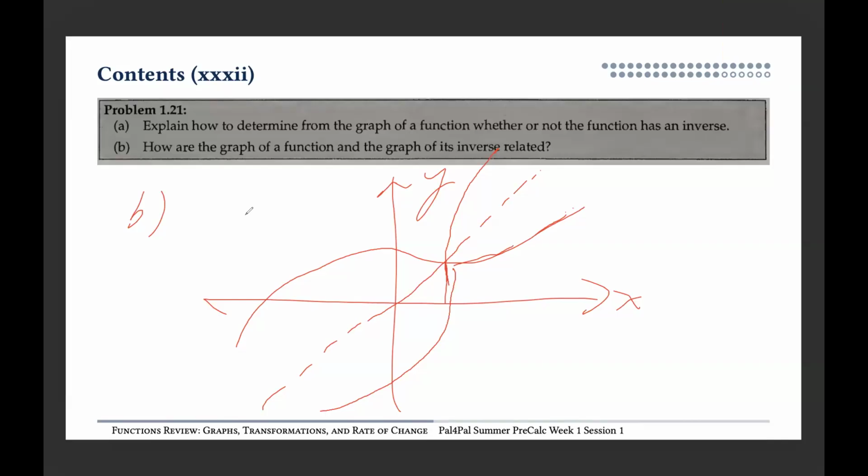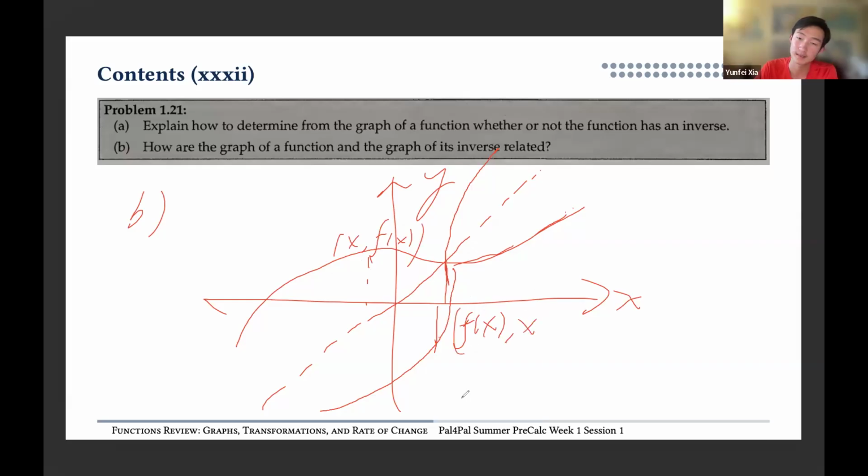So basically, if we have the point (x, f(x)), then the inverse function would hit the point (f(x), x). So there have to be reflections over y equals x.